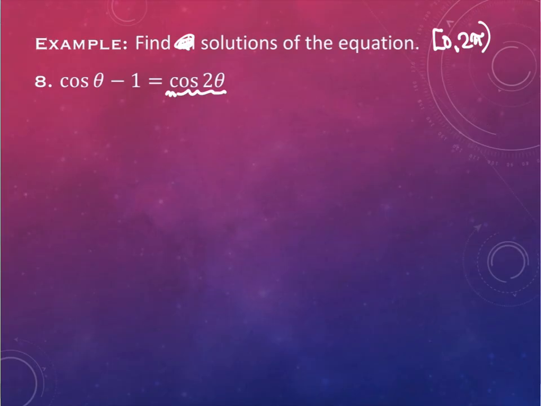So why would I want to change this? I'll write it in here so you can see what it looks like. Why would I want to use that formula as opposed to something that had sine in it? Because the cosine on the other side is already part of the problem. Are you with me? So when you look at these, you have to sometimes make a decision.